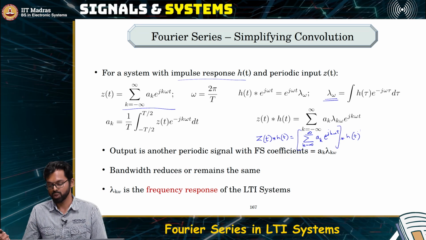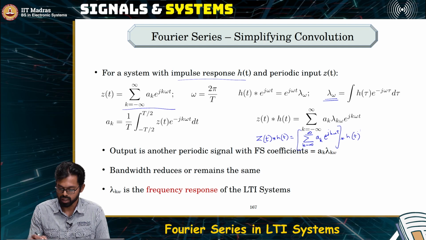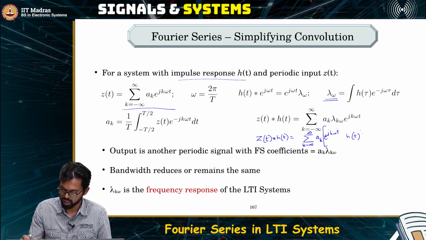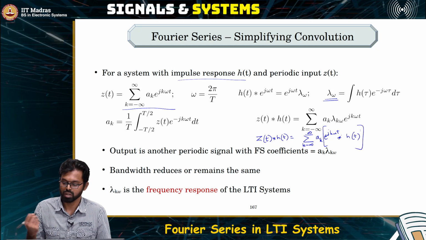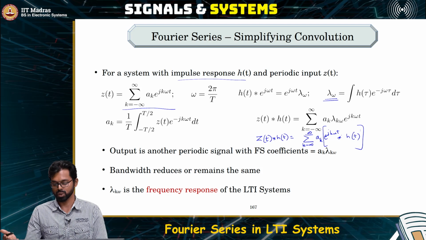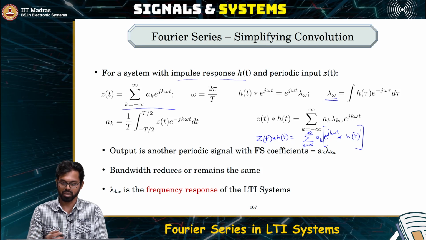We know that convolution is distributive and linear because of all these properties, so you can now rewrite this in this form. This is because of the properties of convolution: it is distributive and linear because it is an LTI system.